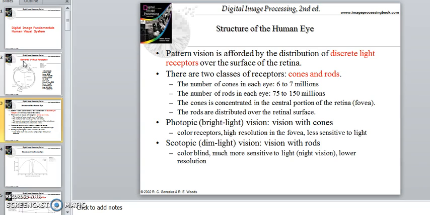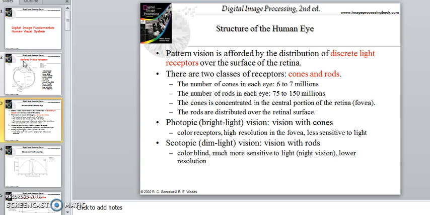We call this scotopic or night vision. Under daylight circumstances, the cones are most active and we experience photopic or day vision. In dimly lighted circumstances, there is an intermediate stage where both rods and cones are active, called mesopic vision.